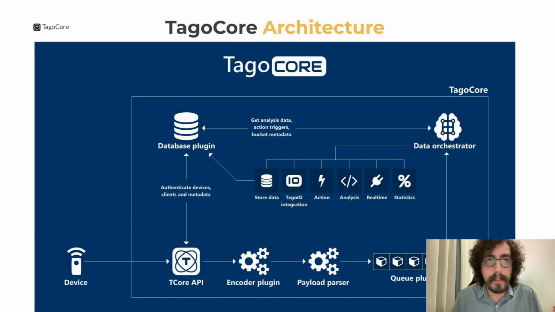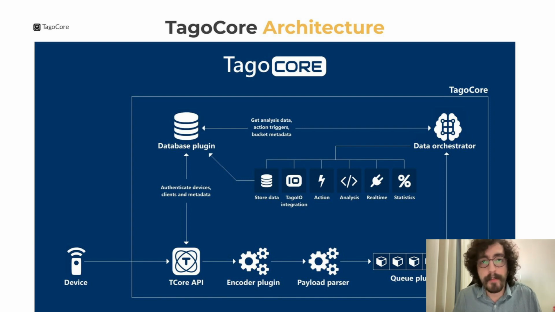My presentation today is going to be divided in two parts. The first part is this one you can see on the screen, in which I will be giving an overview on TagoCore, and I'll also be talking about the base architecture of TagoCore.